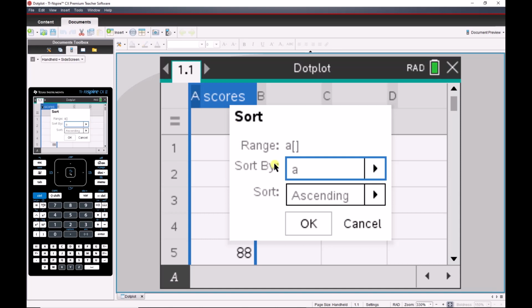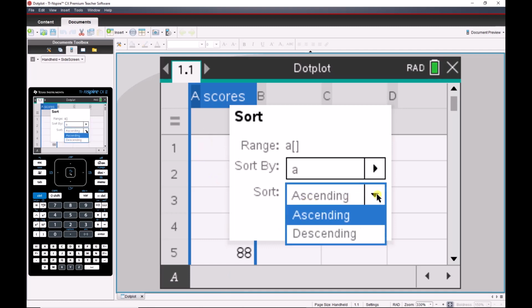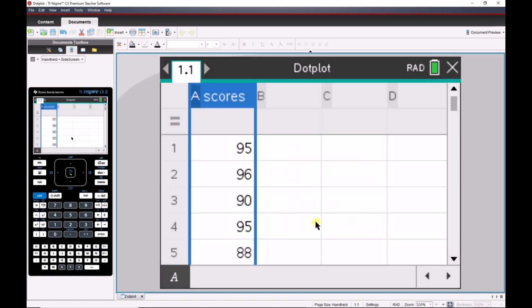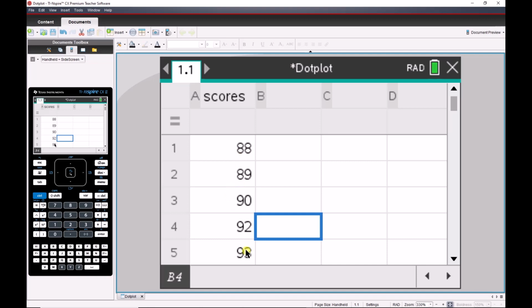This is column A, so we don't really need to type in the scores. Ascending is least to greatest, going down. Descending, if we want that, is from greatest to least. You can do it either way. I'm just going to do ascending, and hit OK. Now it's all in order, so that makes it easier. I don't have to jump around and lose where I am as I plot these things.